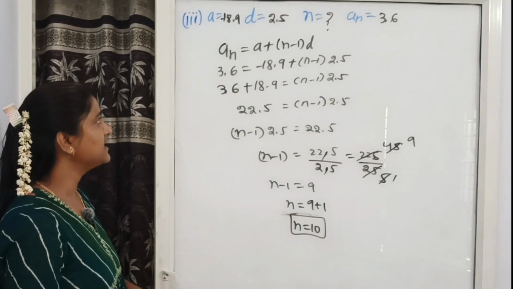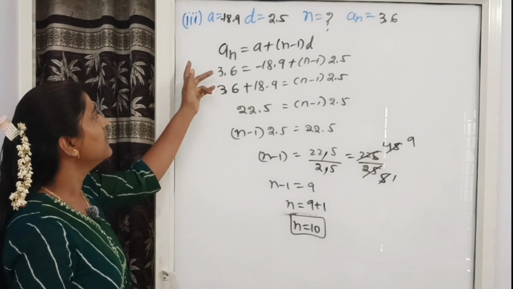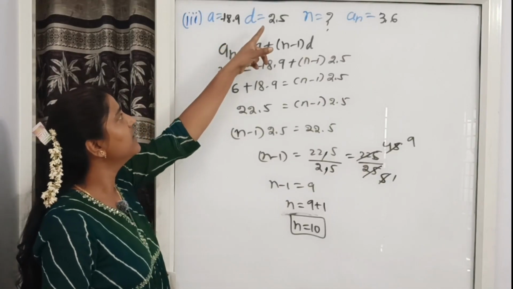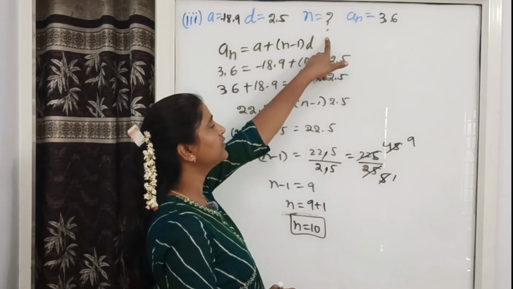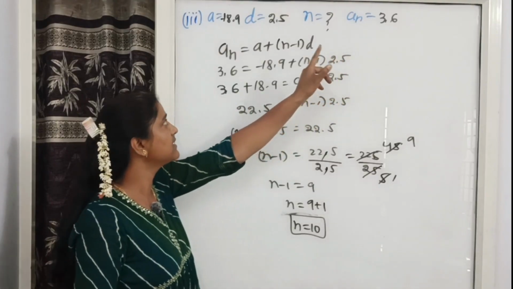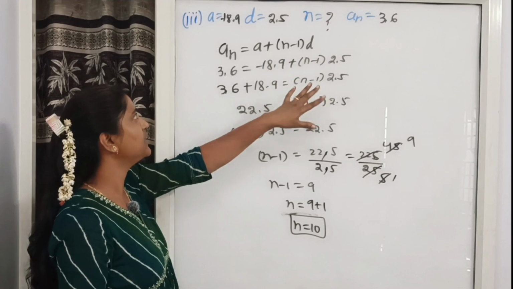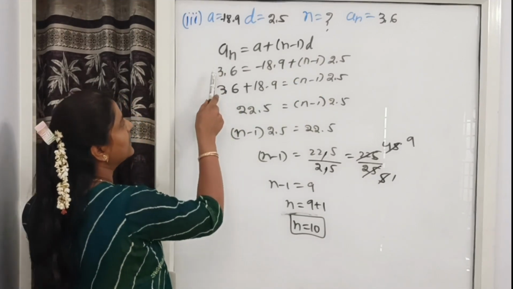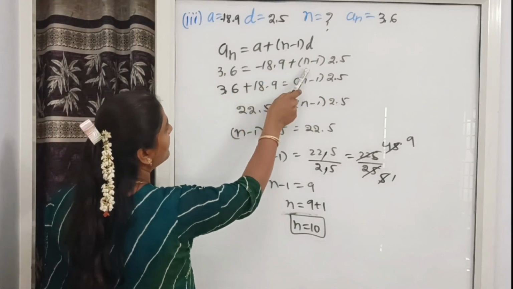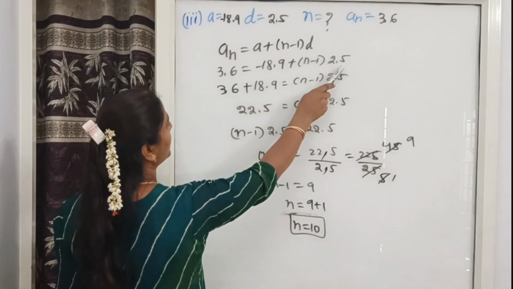Clear? Here decimals are there, so you have to concentrate. See here: minus 18.9, 2.5, n you have to find out, and the nth term is 3.6. an is equal to A plus n minus 1 into d. Substitute the nth term, the A term, n minus 1 to find, and 2.5.